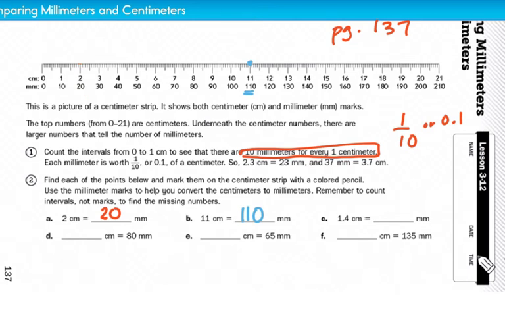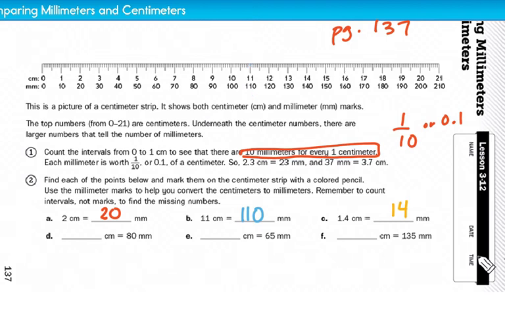So I'm going to go to the 1 and count 4 lines after that. Right there. If I count, this would be 10, 11, 12, 13, 14. 14 millimeters.